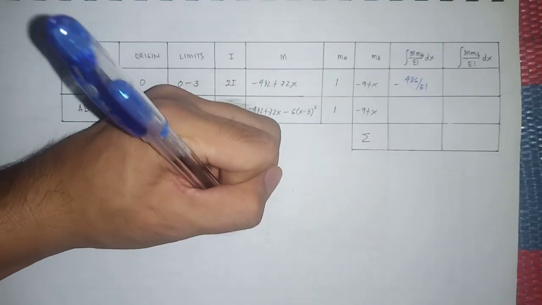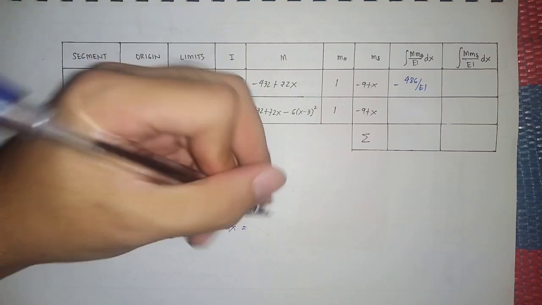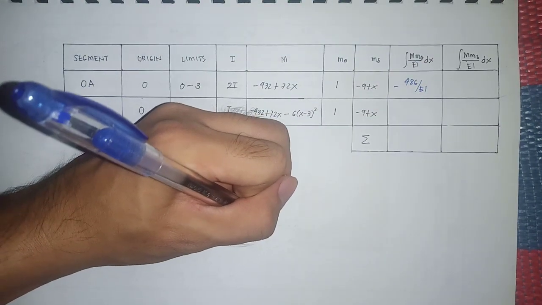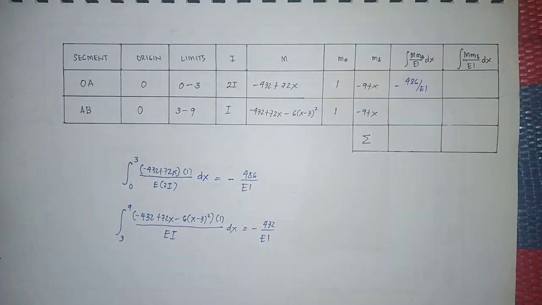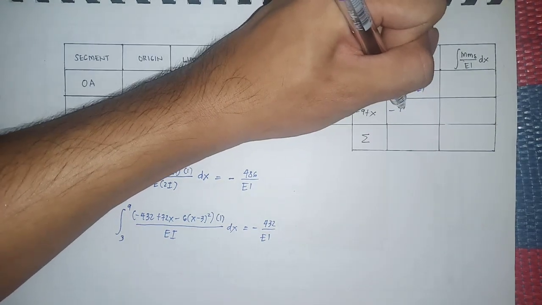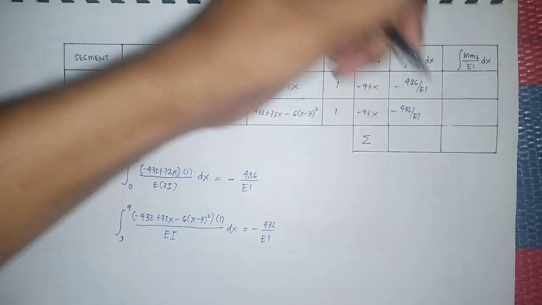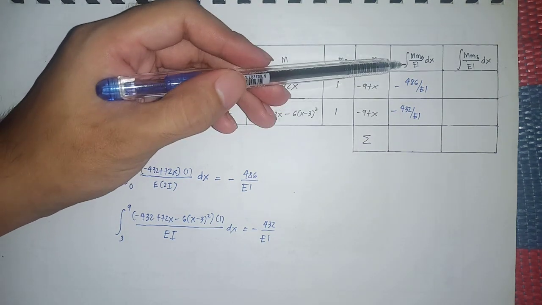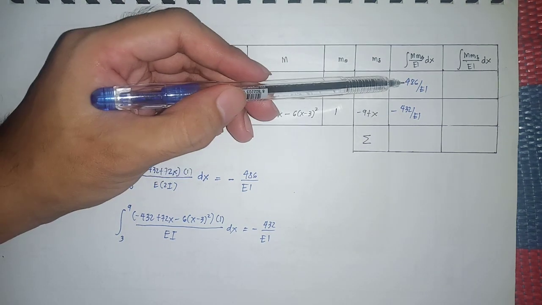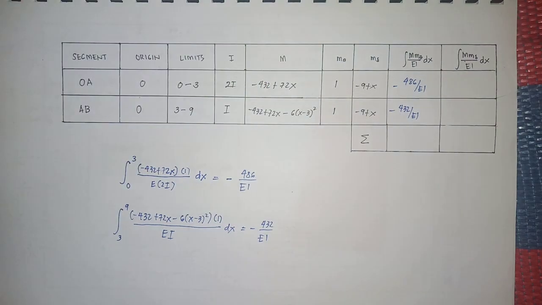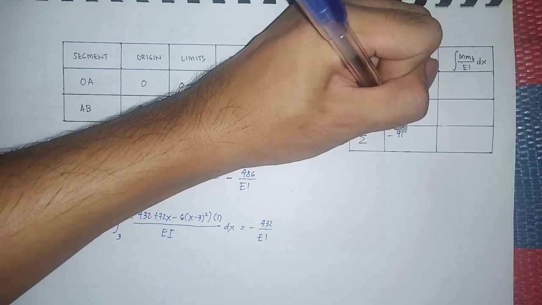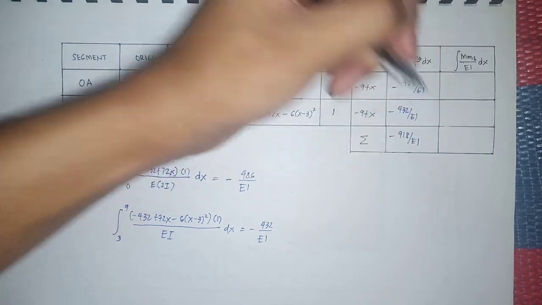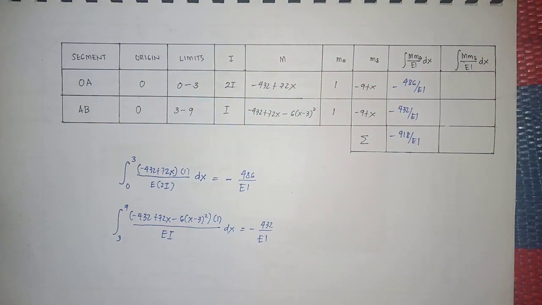Okay, and this is negative 432 over EI. Okay, lagyan natin dito. Okay, so after which, nakuha na natin tong dalawang concern natin. So, sum up natin lahat yan nandito. Then, we will get negative 918 over EI. Okay, so this is already the slope at that point.